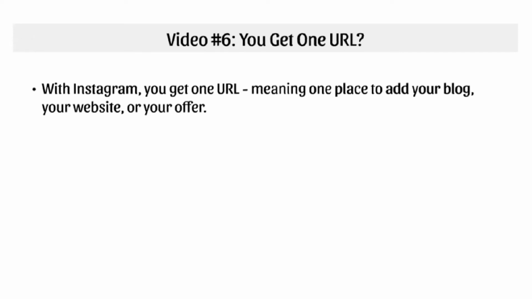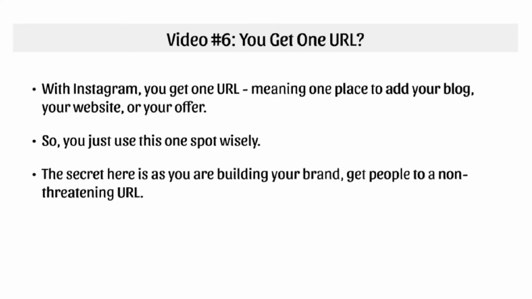All right. So with Instagram, like I said, you got to choose one spot wisely, right? Now, the secret here is because you're trying to build your brand and your lifestyle, the ideal place to direct them to is just your website, which could be your WordPress site.